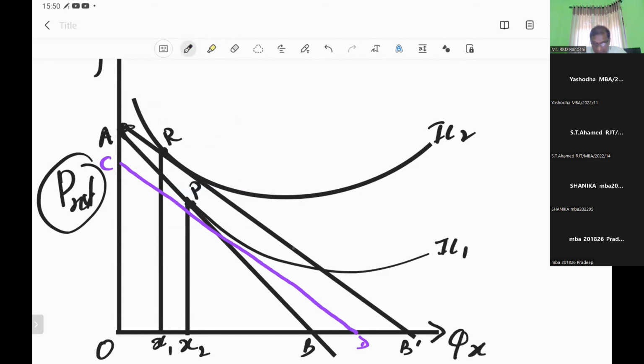Now you have to delete this. This is the tangent point. We will put that Q, X3. Through the indifference curve, this is the substitution effect.